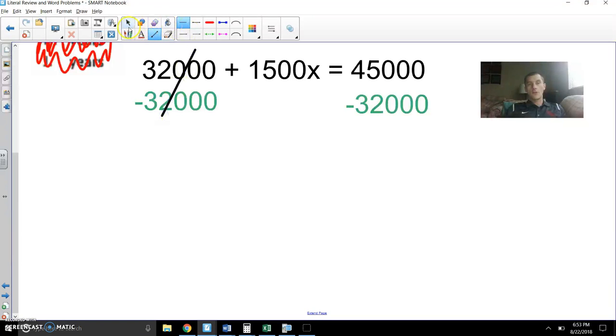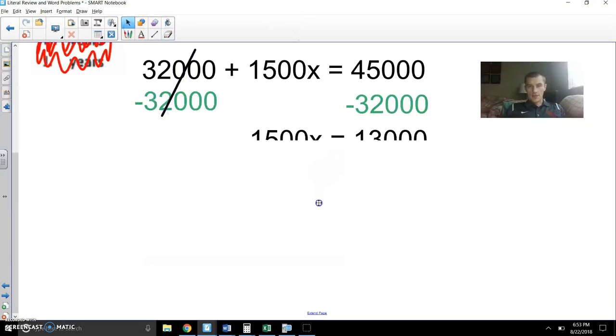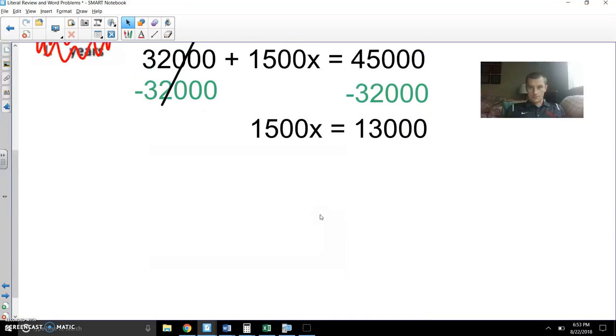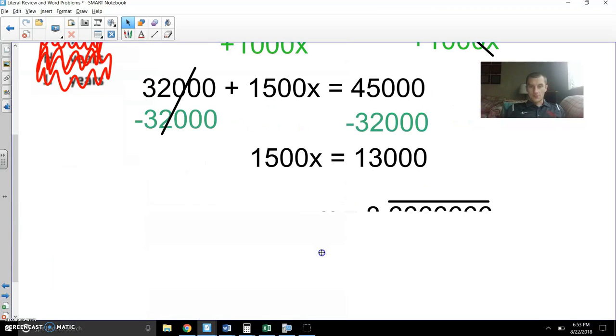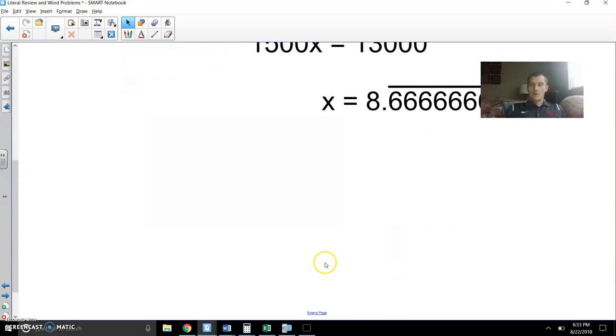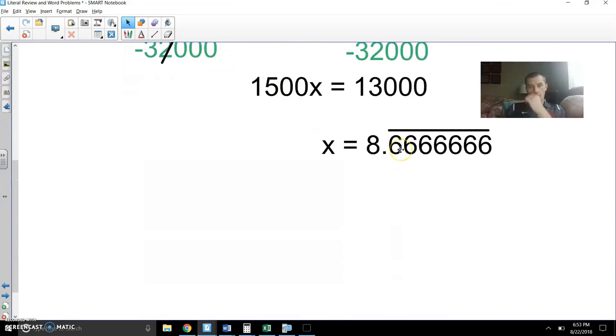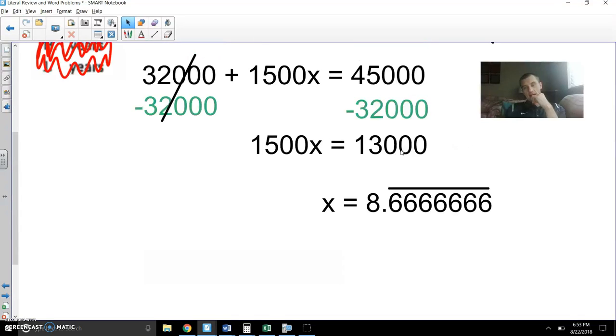This is called solving variables on both sides. And that results in 1,500x equals 13,000. So now let's divide that 1,500 over. If we divide 15 over to get x by itself, basically we're seeing that it takes 8.6 repeated years.